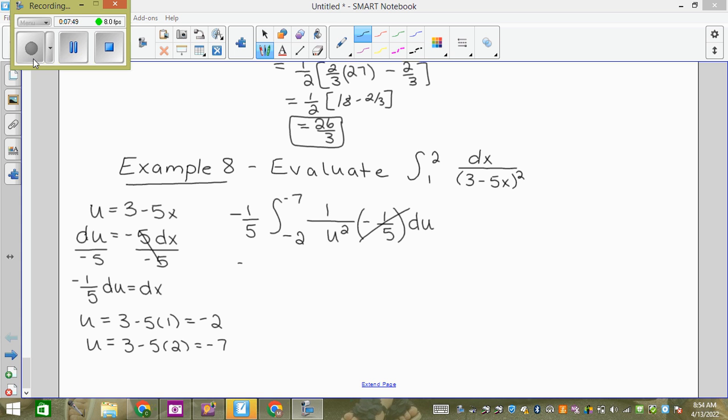Okay, so we're going to go negative 1/5. This is u to the negative 2. When I add 1 to it, it's actually u to the negative 1. And then it's going to be divided by negative 1, or multiplied by negative 1, plus c, negative 2 to negative 7. So we're going to get negative 1/5, negative 1 times negative 7 to the negative 1, minus negative 1 times negative 2 to the negative 1.